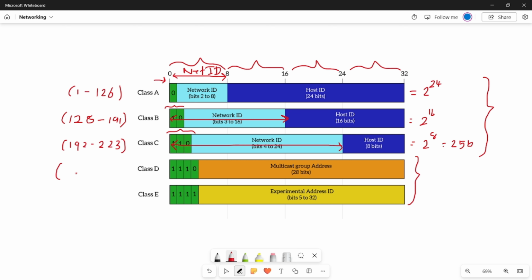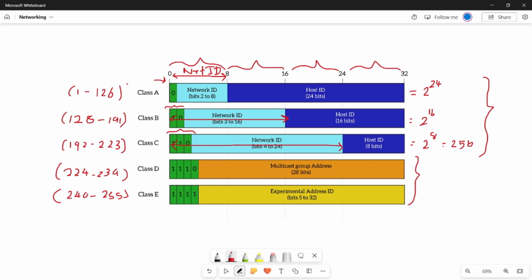Class D IP addresses contain 224 to 239, and class E IP addresses contain 240 to 255.